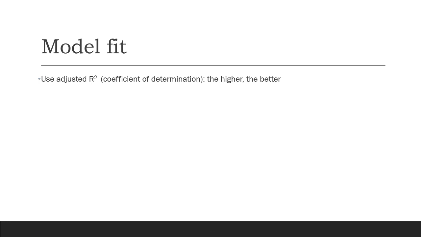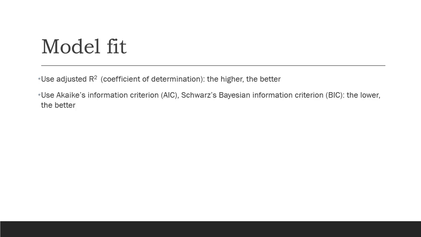Of course, the higher the better, like in linear regression when you use the coefficient of determination. The second way is using AIC or BIC information criteria, and it is opposite to the adjusted R-square, which means the lower the number, the better.